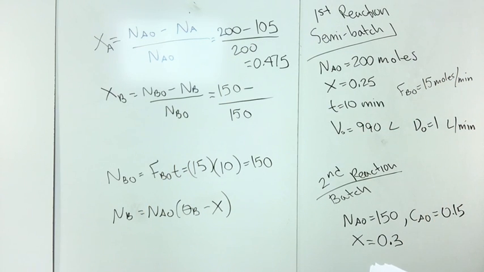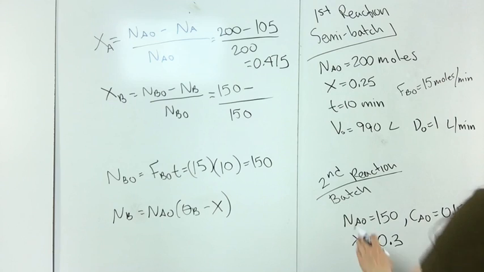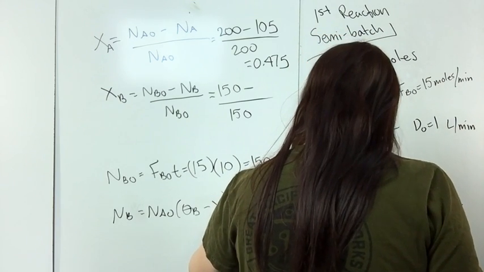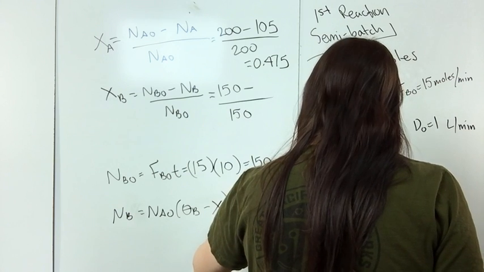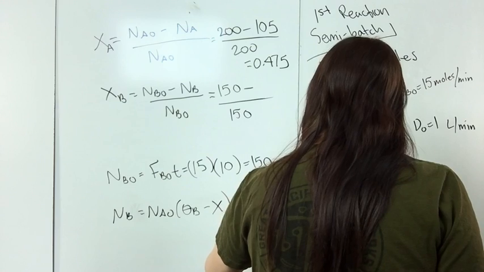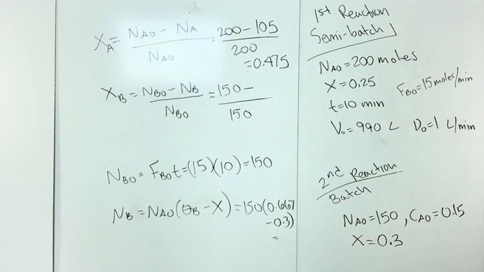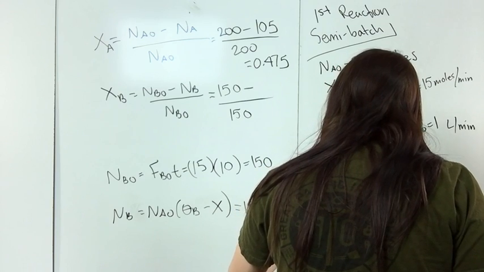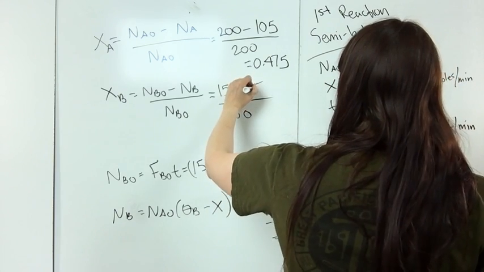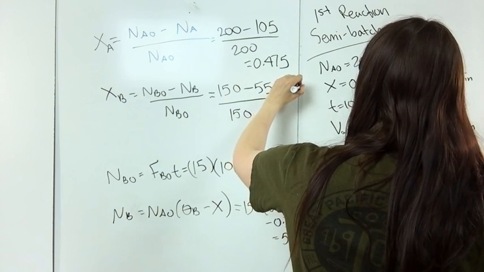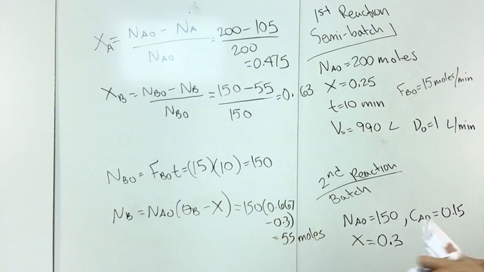And we already calculated theta b, and we know what Na naught is in this reactor. So this is 150 multiplied by 0.667 minus 0.3. And this is equal to 55 moles. So then you can plug that into here, and you end up getting 0.63.